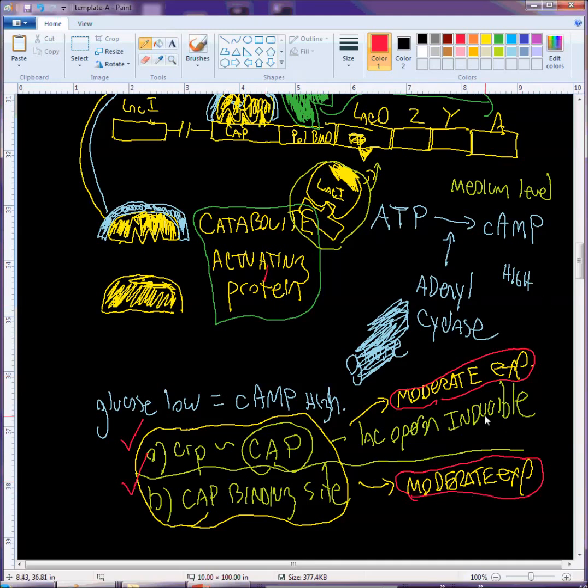So either answer is fine. We're not getting the high expression, the high inducibility. The ability to induce expression of the lac operon is slightly reduced when either the CAP protein or the CAP binding site is mutated.